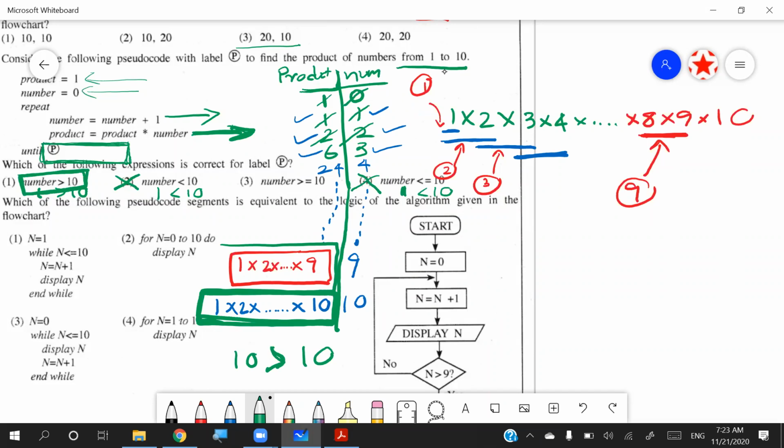But we don't need the iteration now because we have our answer. So to stop this, if we have something like 10 is larger than or equal to 10, so it is not larger than but equals. So the equals part gives you true. So it stops. So for that particular reason, the answer can be taken as the third one, because after that particular step, we need to stop our iteration.